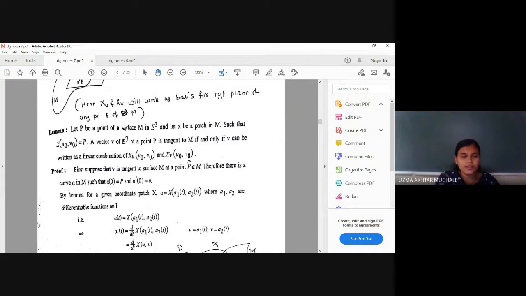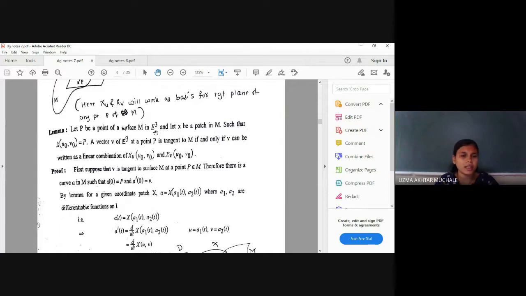And in differential geometry, the complete discussion depends on E3 space. So we assume the use of a basis is known to you. What is a basis? If you have any vector, you can write that vector as a linear combination of the basis vectors.